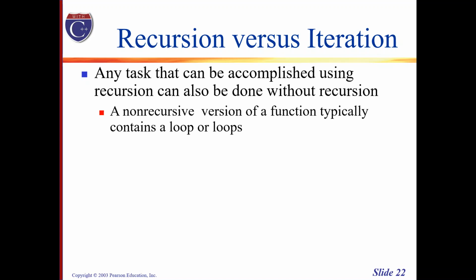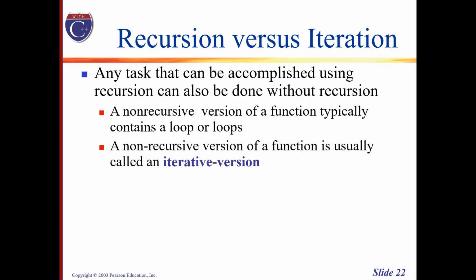A non-recursive version of a function typically contains a loop or loops. Also, a non-recursive version of a function is usually called an iterative version, thus giving us a recursive or iterative version of a function.